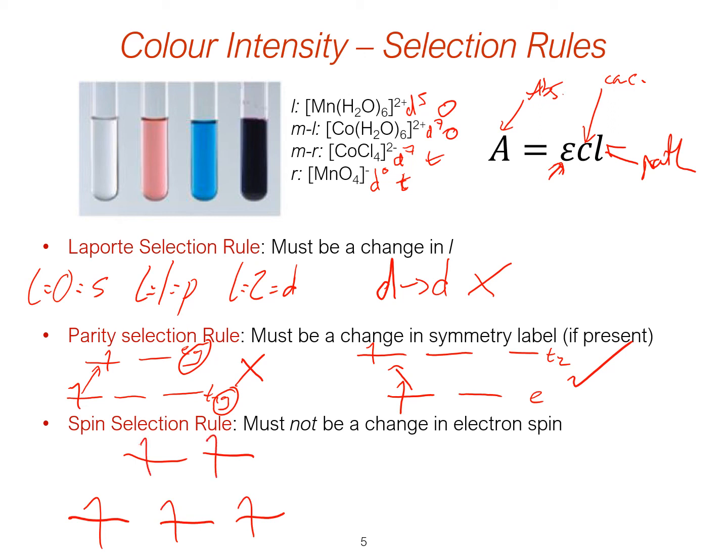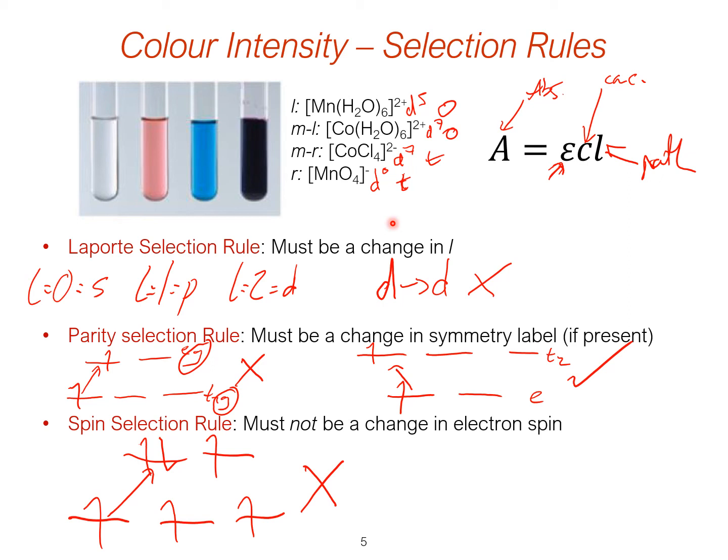Now, if we want to promote one of these electrons, if this is going to take in some light and get excited, this has to go up here, but then it goes from an up electron, say, to a down electron. So there's been a change in spin, and this means that the spin selection rule hasn't been satisfied. This transition's less likely to happen. You'll end up with a lower value of epsilon and a lower colour intensity.